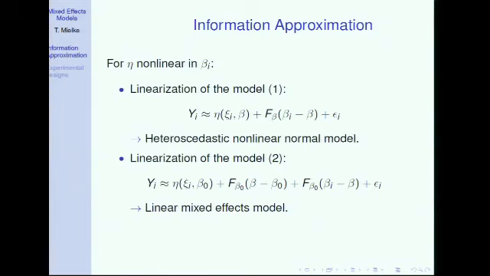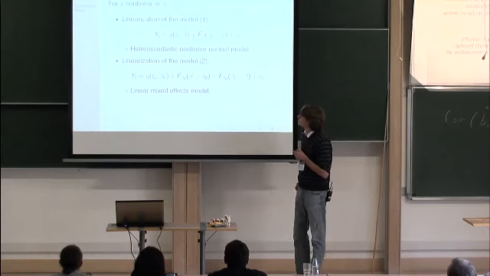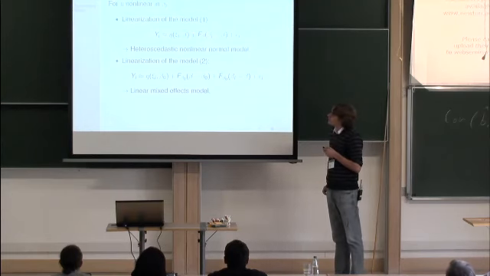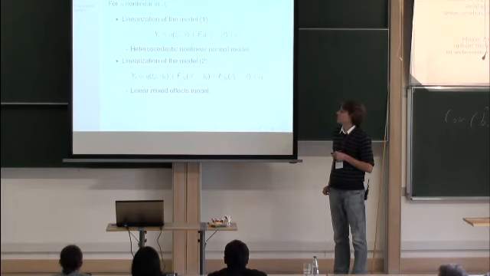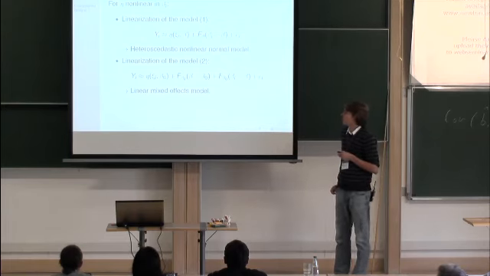So we have here the mean of this observation vector, and here we have something with expectation 0 and here expectation 0 as well. Both are normally distributed. So we have here the term inducing the variance, and note that this variance matrix depends on the unknown parameter vector beta, so that we have this heteroscedasticity.